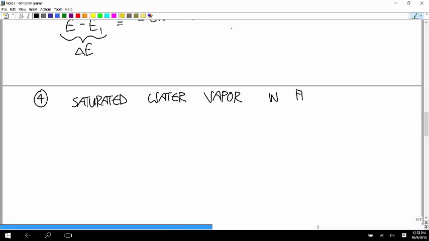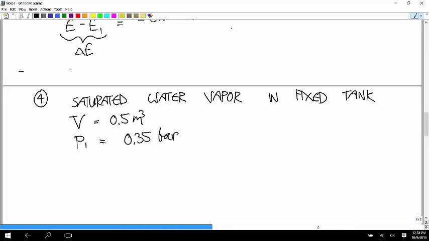In a fixed tank, the volume is 0.5 meters cubed, and it has an initial pressure, so P1 is 0.35 bar.